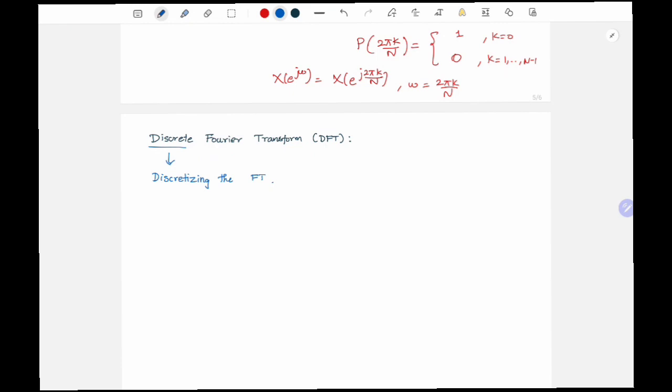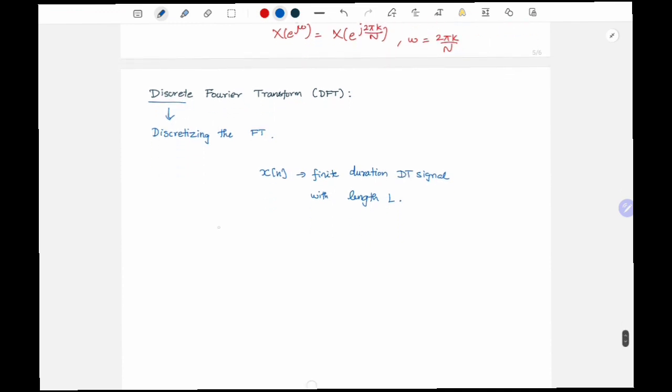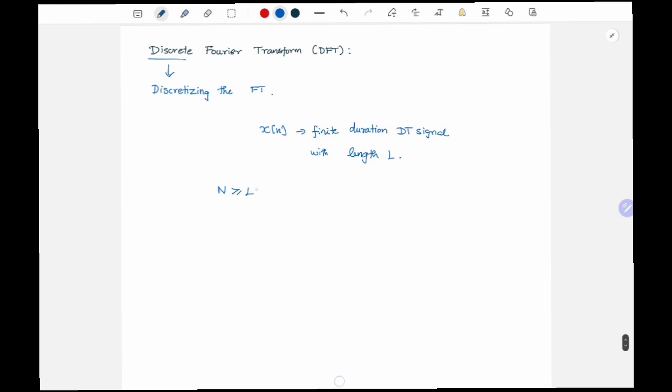So if my x[n] is a finite duration discrete time signal with length L, then I choose some N greater than or equal to L, such that my DFT is valid.